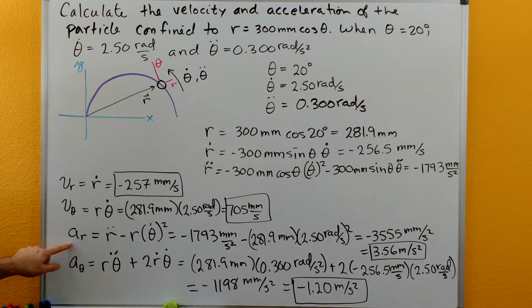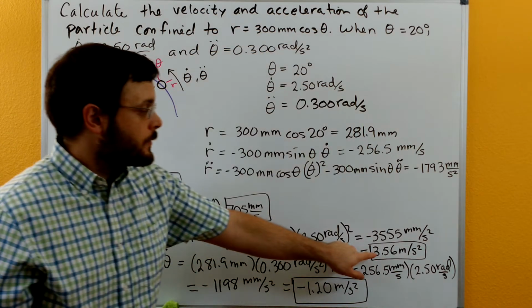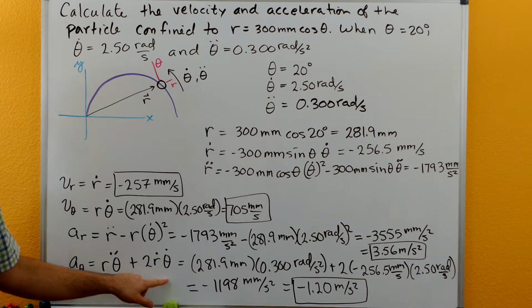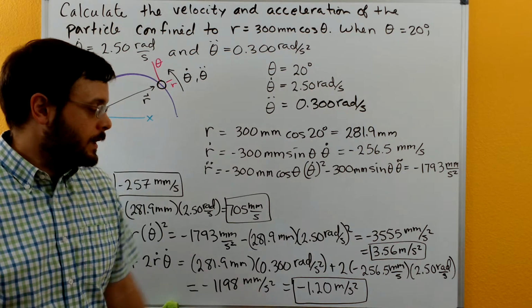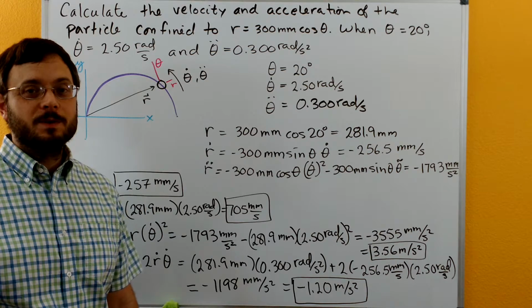And then our acceleration in the radial direction, the formula is r double dot minus r times theta dot squared. Plug it all in, get 3.56 meters per second squared. And then for a theta, we have r times theta double dot plus 2 r dot theta dot. Plug it all in, and we get negative 1.2 meters per second squared.